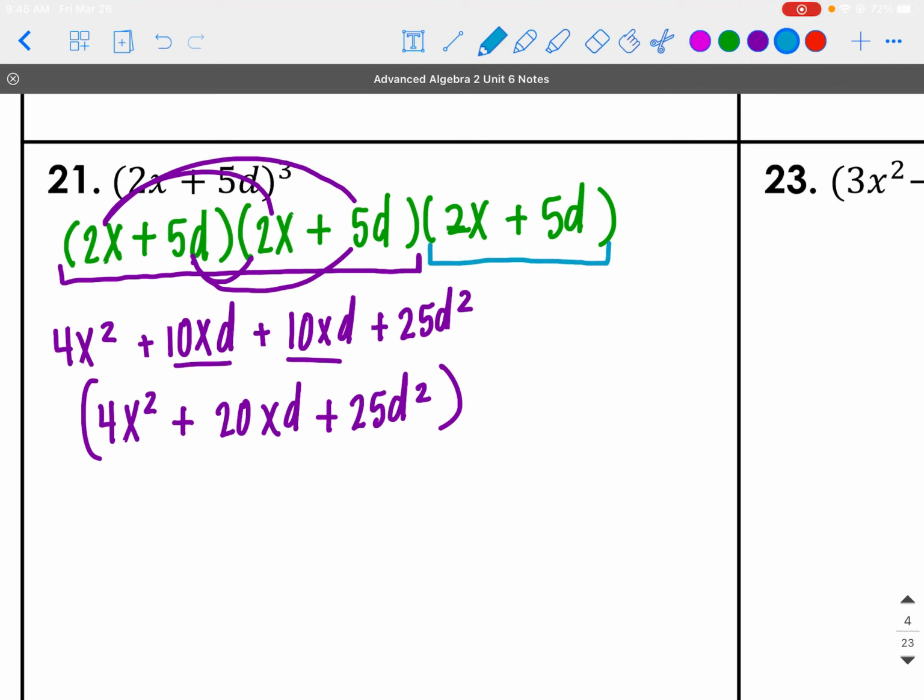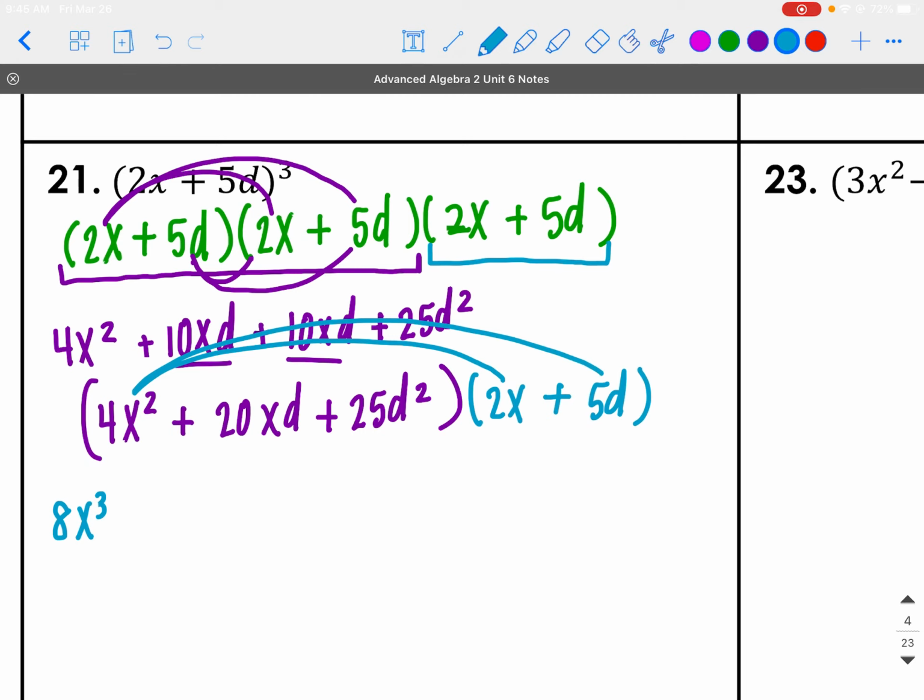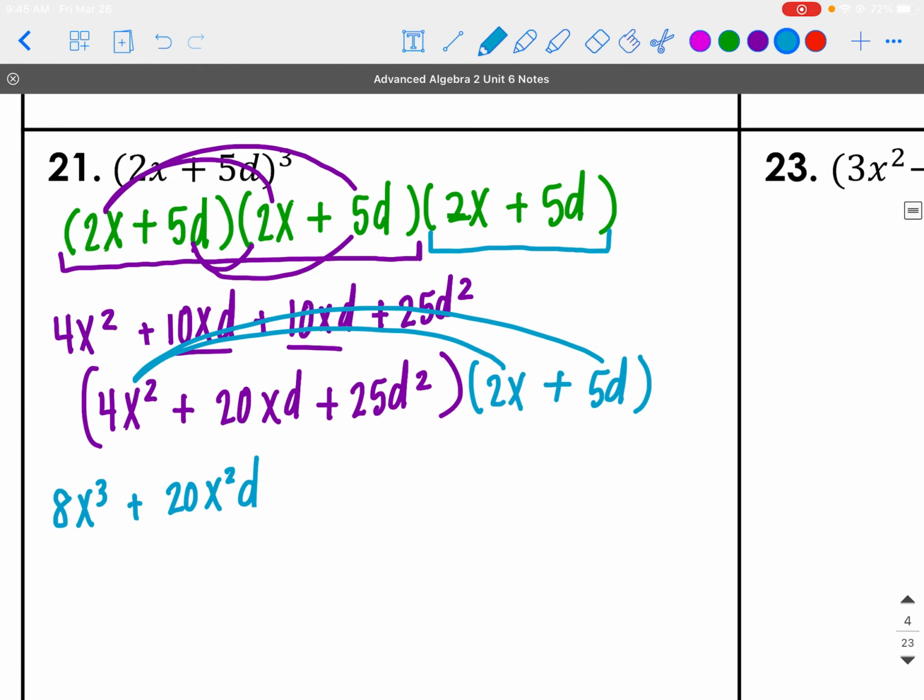And then I still have to multiply another 2x plus 5d. So that would be 8x cubed plus 20x squared d.